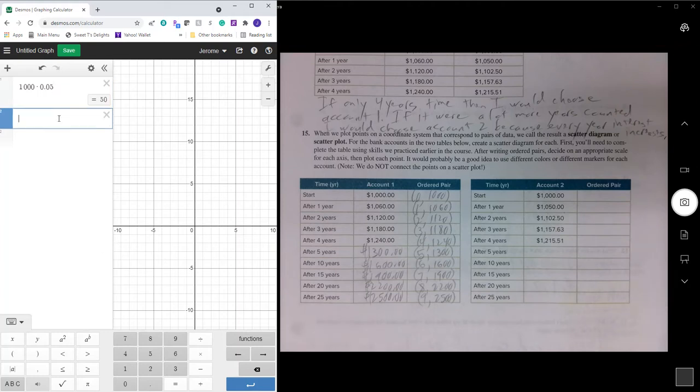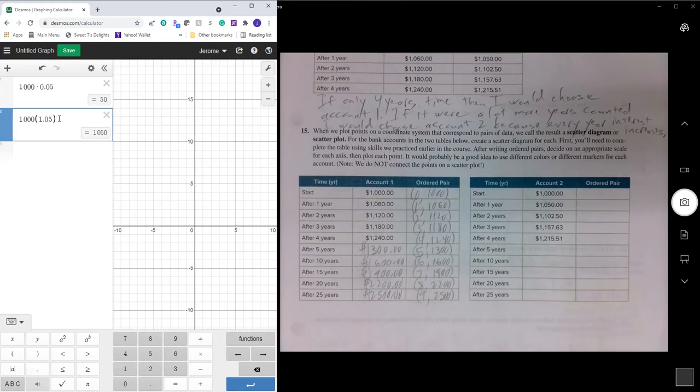So what we did in the previous lesson, remember, we have 1,000 times the parenthesis 1.05, and then we take it to the exponent of these years. First, the 5-year mark, we'll take it to the 5th power.